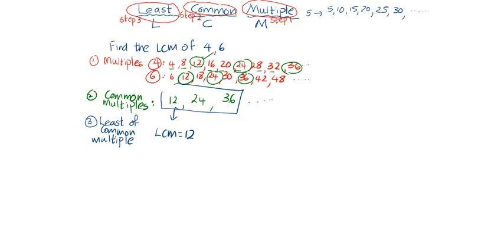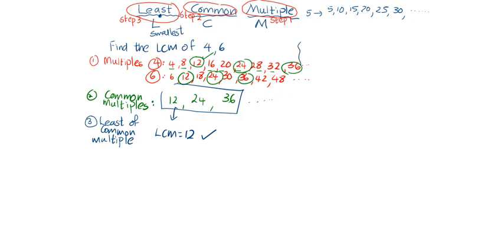Remember it's the opposite of the greatest common factor. In GCF we were finding the greatest, but in LCM you find the least, and least means the smallest. All right, let's do one more example.